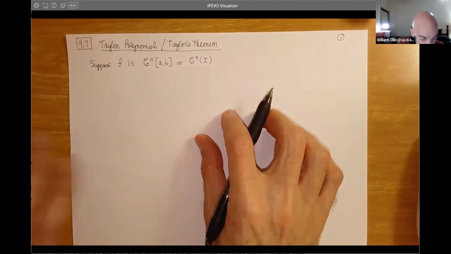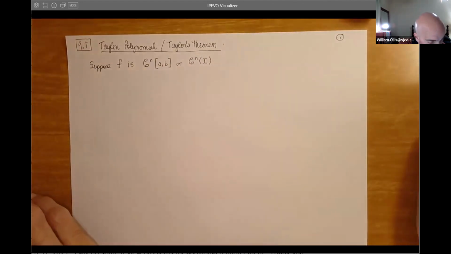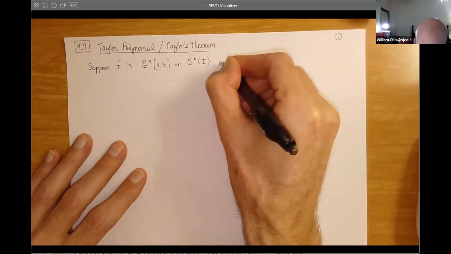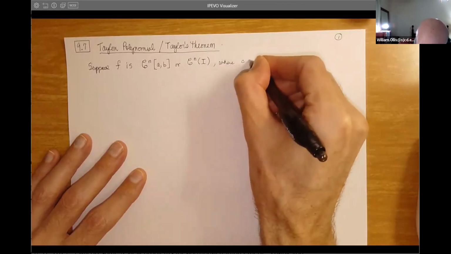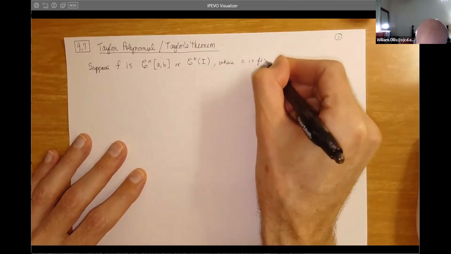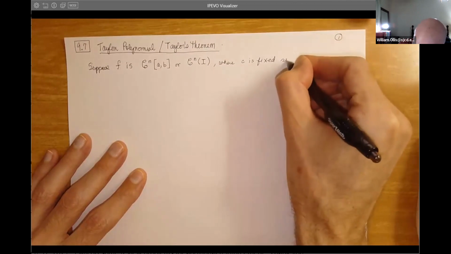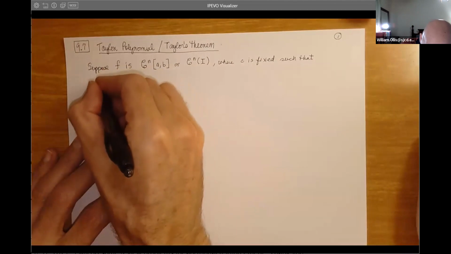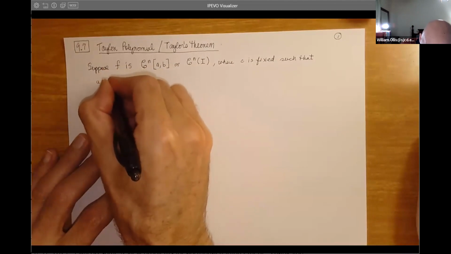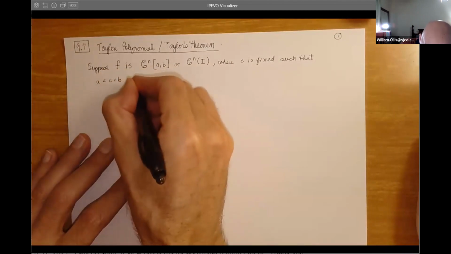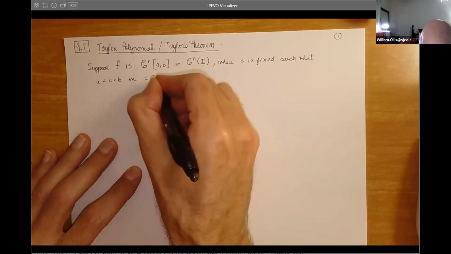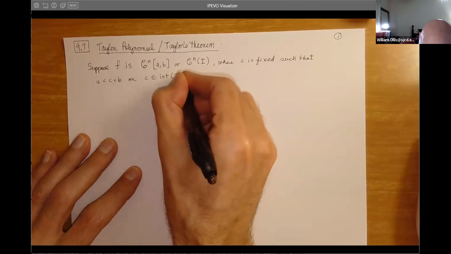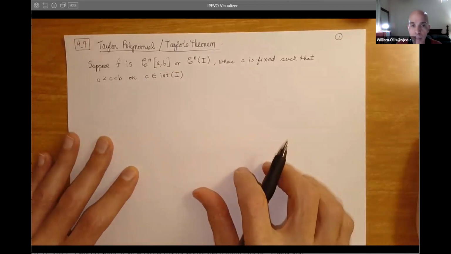That's just the notation. And what we want to do, we're going to say where c is fixed such that either we have c between a and b or c in the interior of I. And when I mean interior of I, I don't want an endpoint.